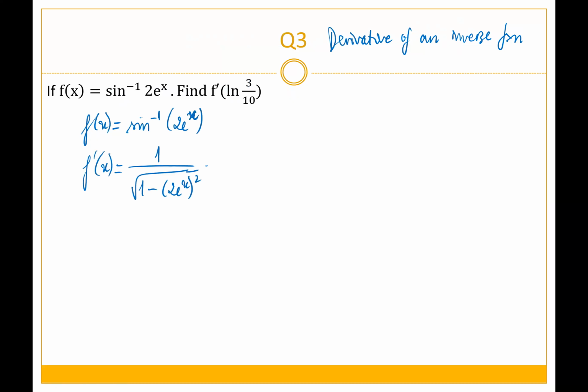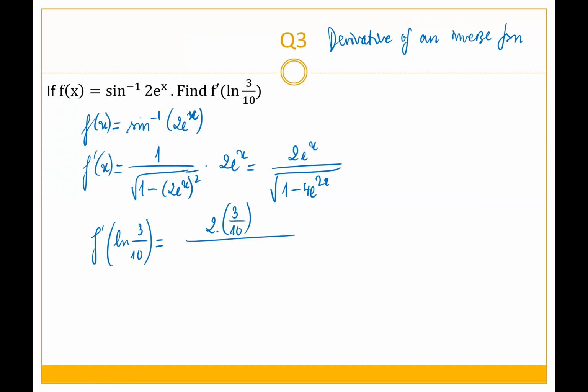And then multiply by the derivative of 2e to the x. So what we end up having is 1 minus 4 e to the 2x. So you have f prime of ln 3 over 10. So e to the ln is going to be just itself. Again, so 2 times that, so it's going to be 3 over 10 squared.